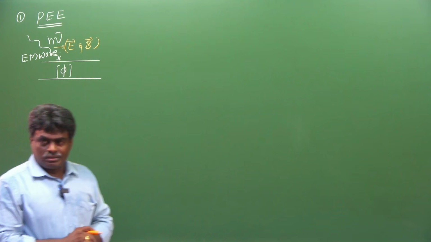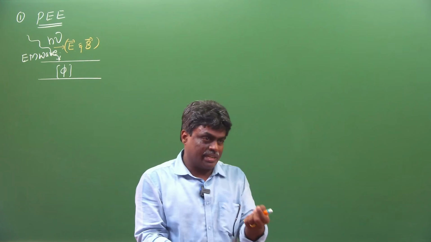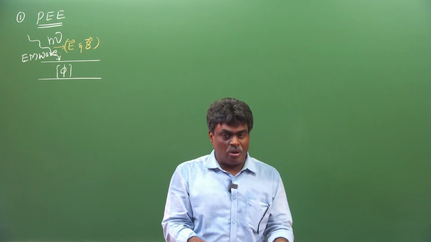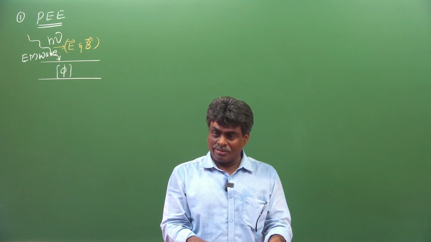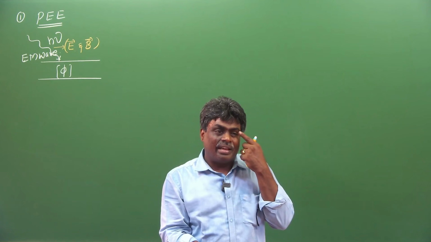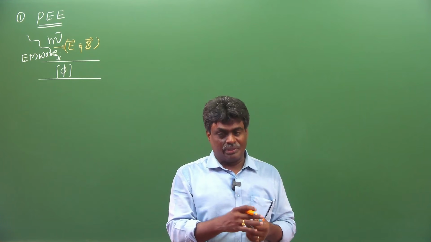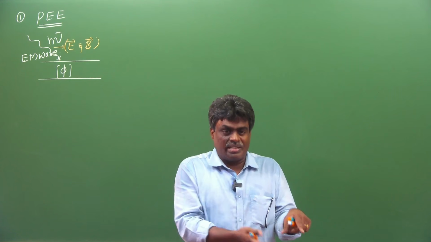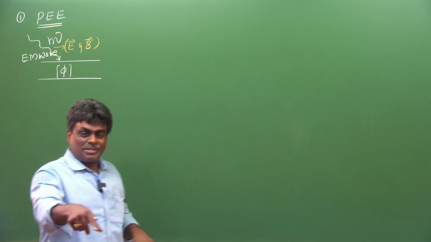So light means EM wave, it contains both electric and magnetic. Which field is helping you to see objects? Electric field will affect the retina, magnetic field won't. Electric field is the main reason for the sense of vision.